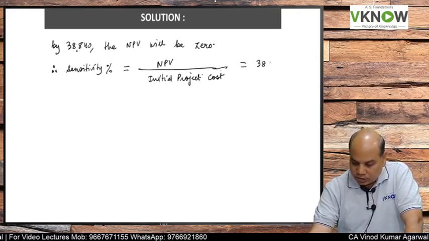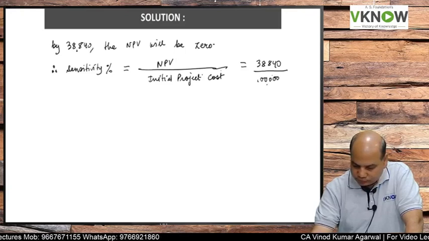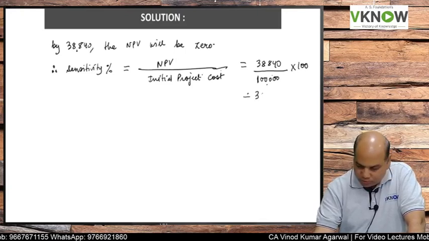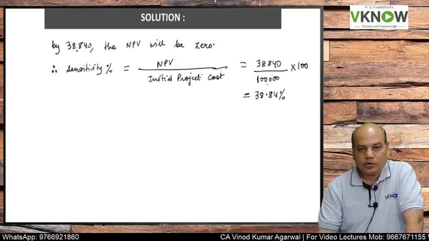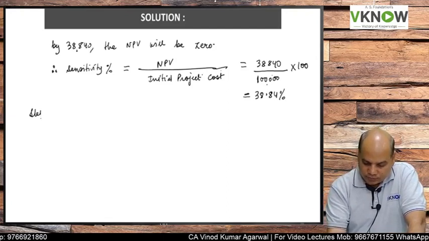So you will get 38,840 divided by 1 lakh into 100. So you will get 38.84%. Is it 38.84%?